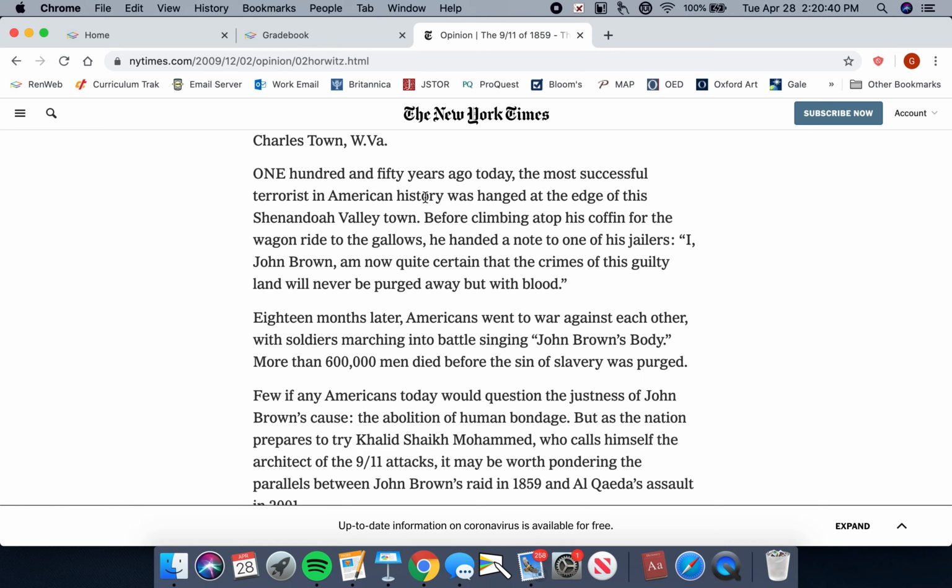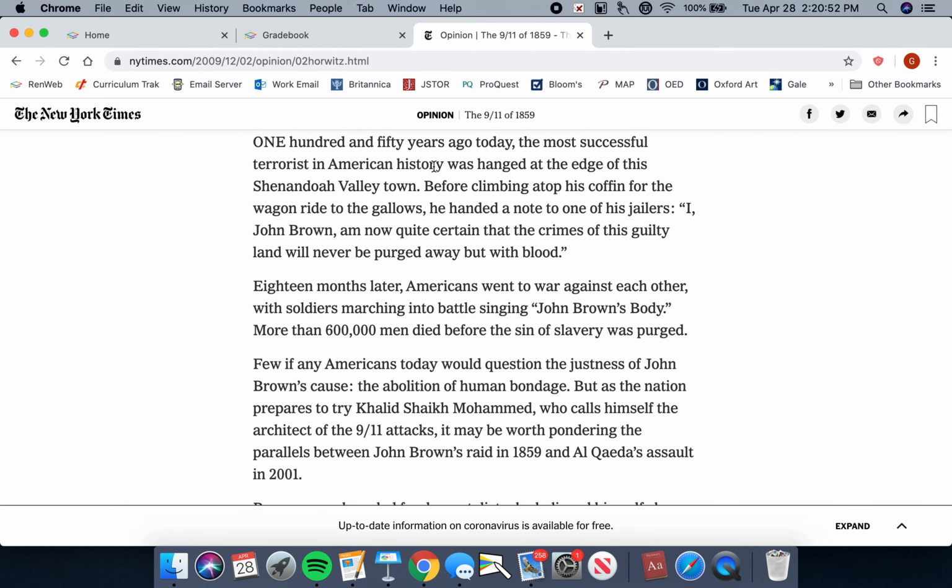Okay, in other words, very similar to that, right? Brown's goal was to create war. That's something that makes Horowitz very uncomfortable with honoring Brown. War was not a last resort for Brown, but rather something that he was actively trying to initiate.